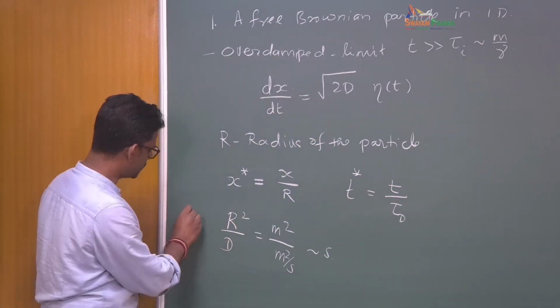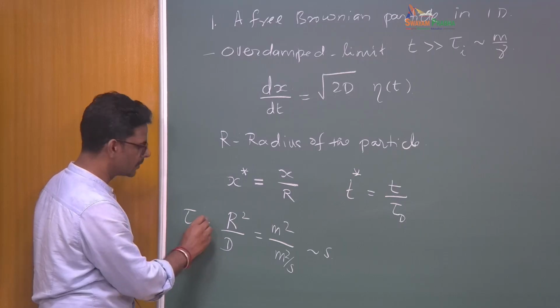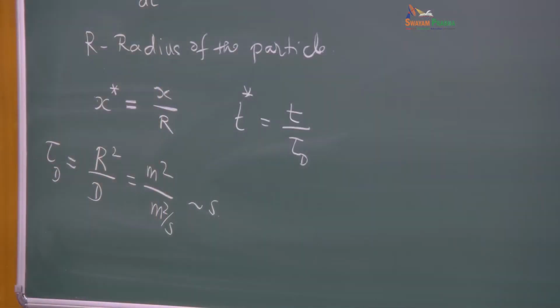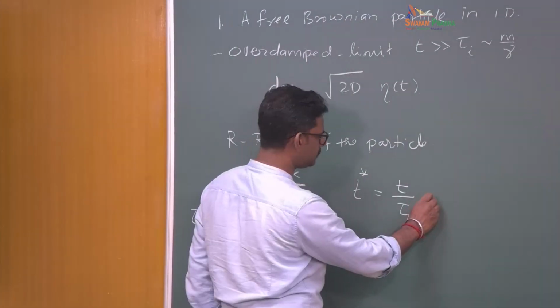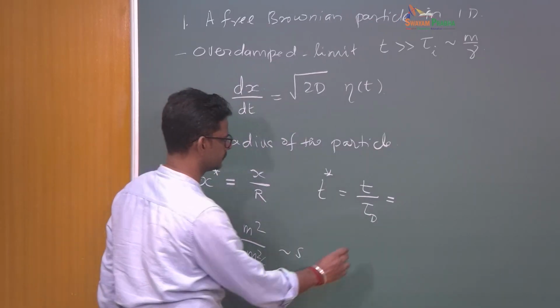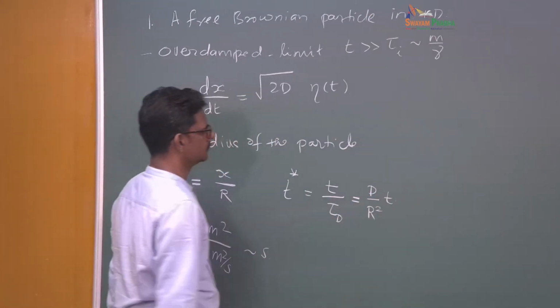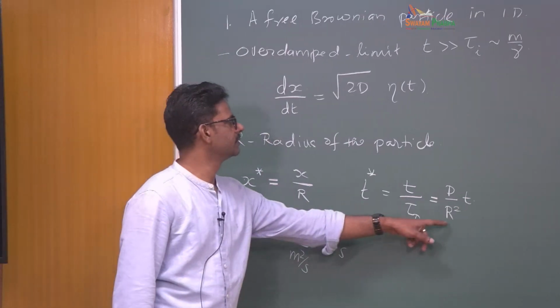We call this tau D, which is called the diffusion time, the time scale related to diffusion. So the non-dimensional time is defined here.